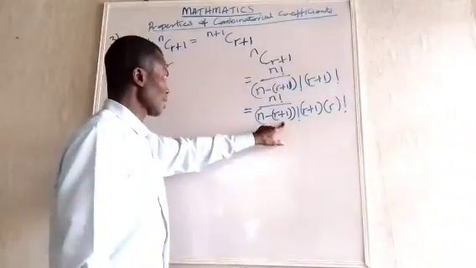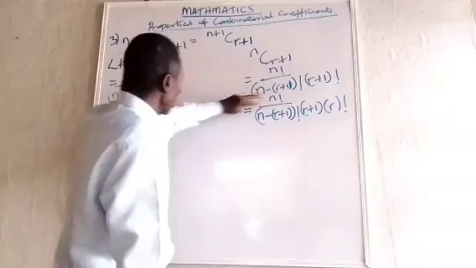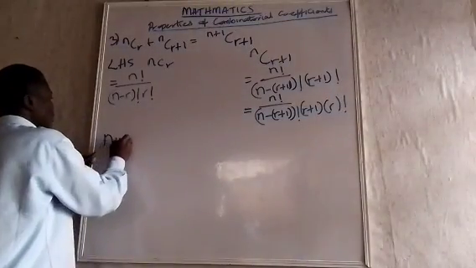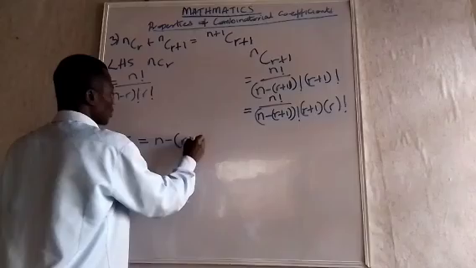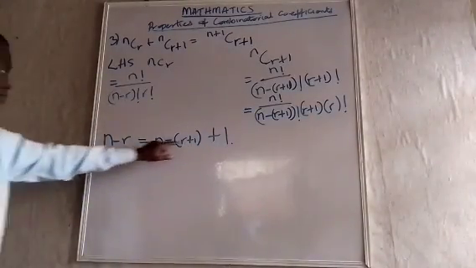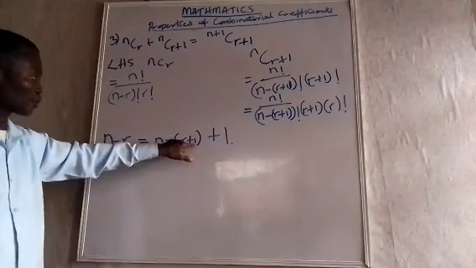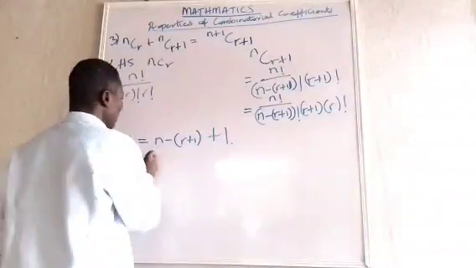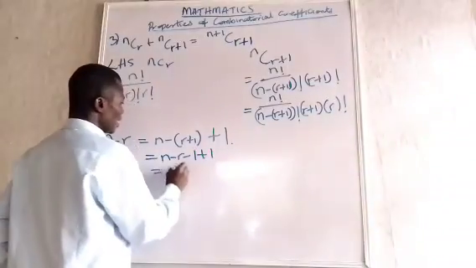You can see this expression is 1 less than this, that is n minus r is equal to (n minus r minus 1) plus 1. That's what this one is. Because when I bring it down, it's going to be n minus r minus 1 plus 1, so n minus r.